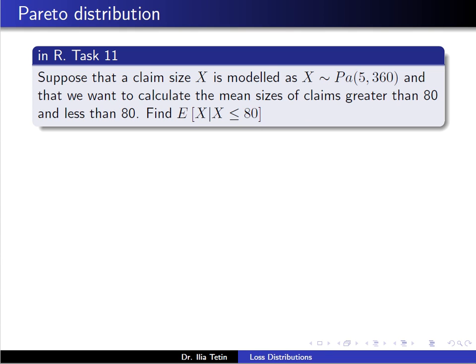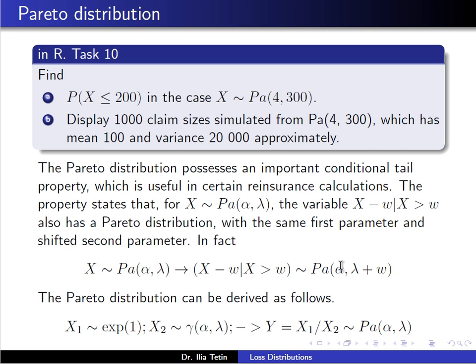Now we have X minus 80 given X more than 80, and this can be derived with the Pareto distribution using this property. So look closer at the formula. We have X minus w given that X more than w, X minus 80 given that X more than 80.